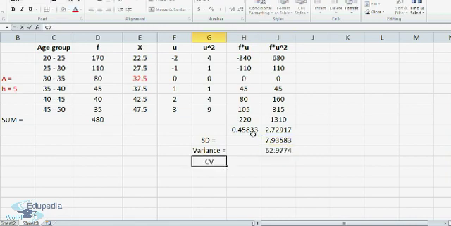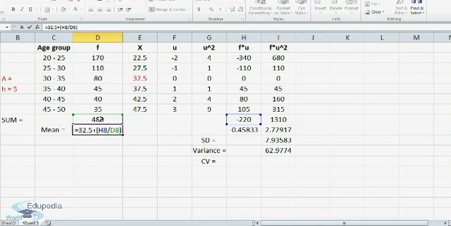And coefficient of variation, of course we need to find mean. We need to find the value of mean, and here let's use the shortcut method. The formula is A, which is 32.5, plus summation of f multiplied by u, which is this value, divided by the summation of f, that is n, which is 480, and then that multiplied by h, which is 5.